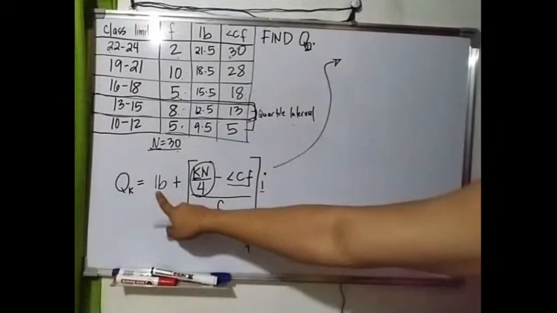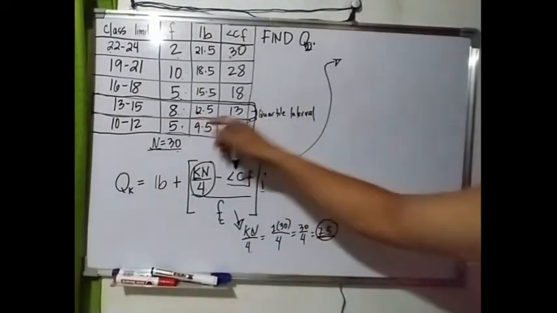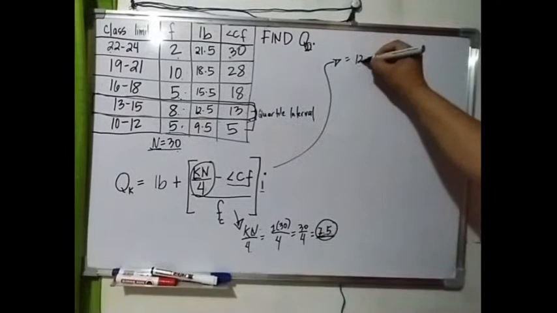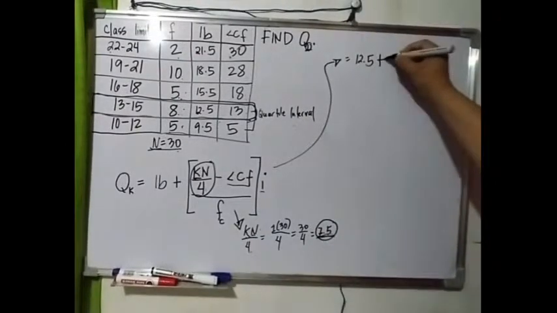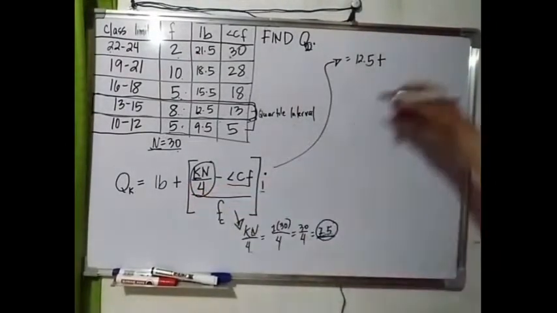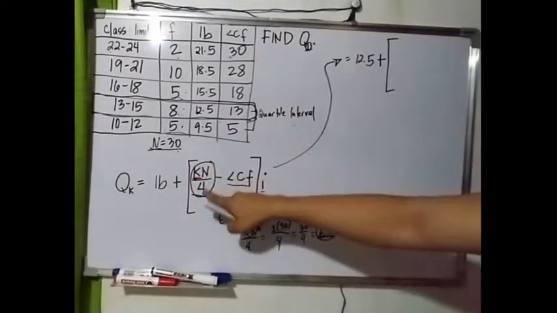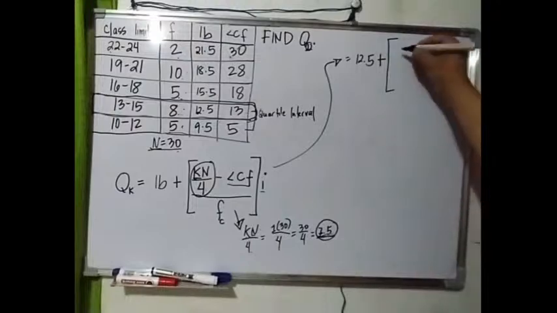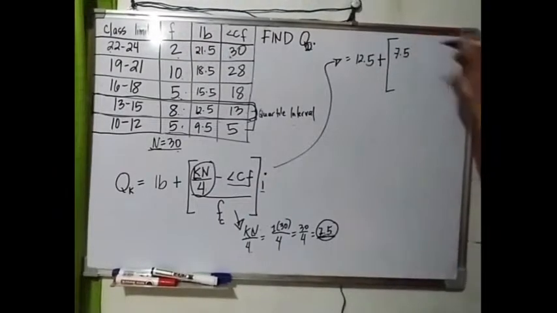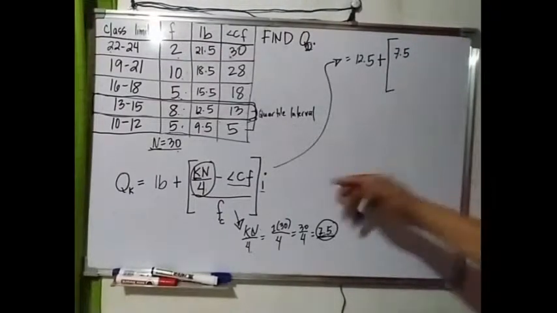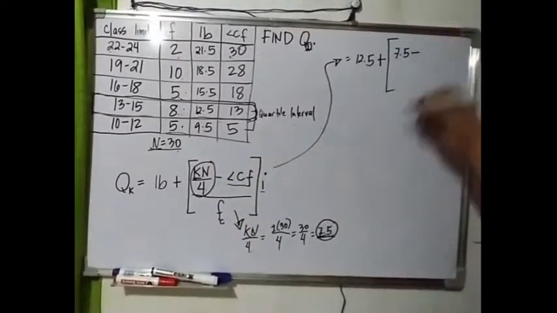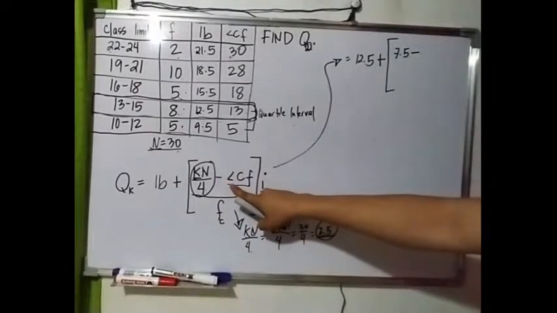Next, using this formula, lower boundary. So ang lower boundary is 12.5 plus this one, the quantity of k times n over 4, that is equivalent to 7.5. Then subtract, ano yung value ng less than cumulative frequency?